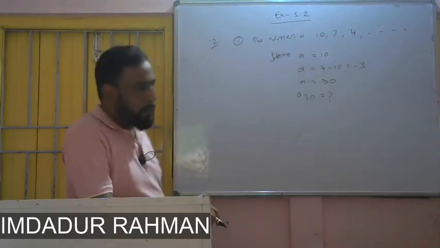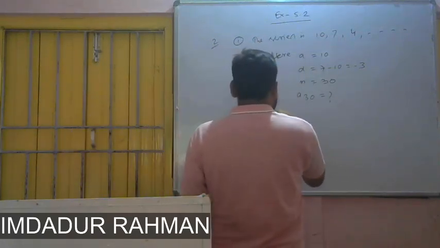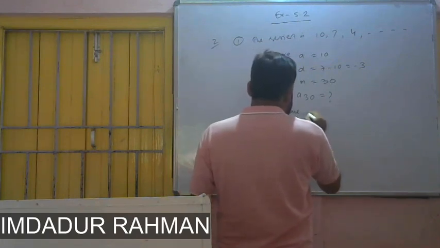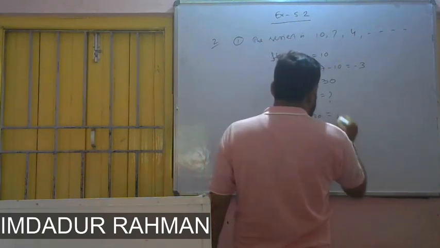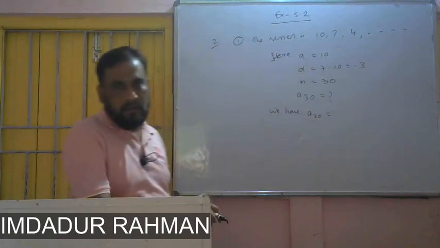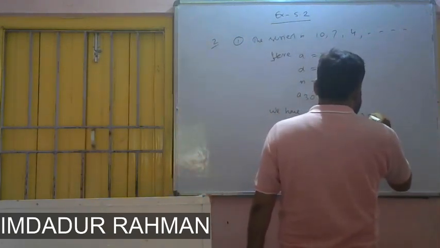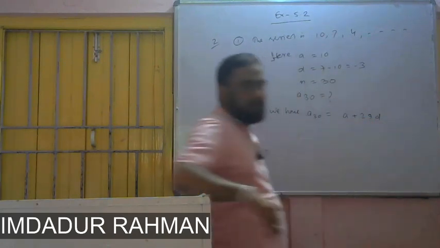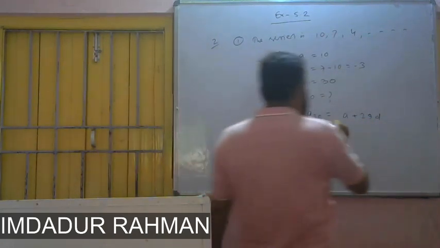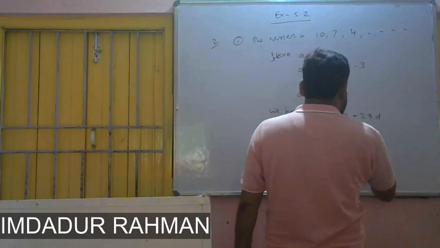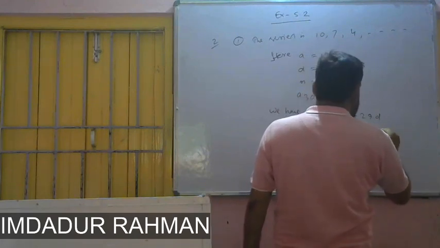Okay, we have A30 is equal to, which formula will we use? A plus 29D. It will be easy. What is A? A is 10 plus 29 into D is minus 3.